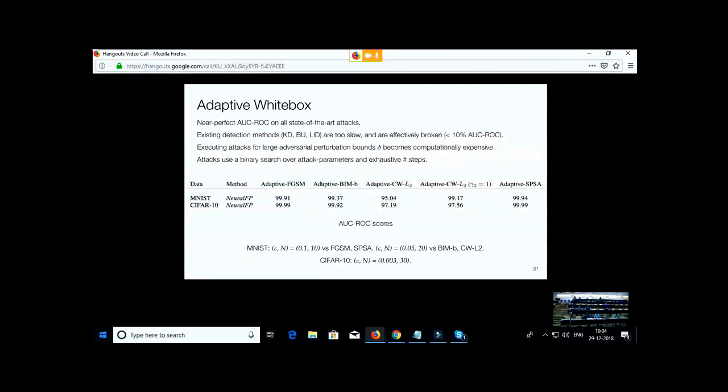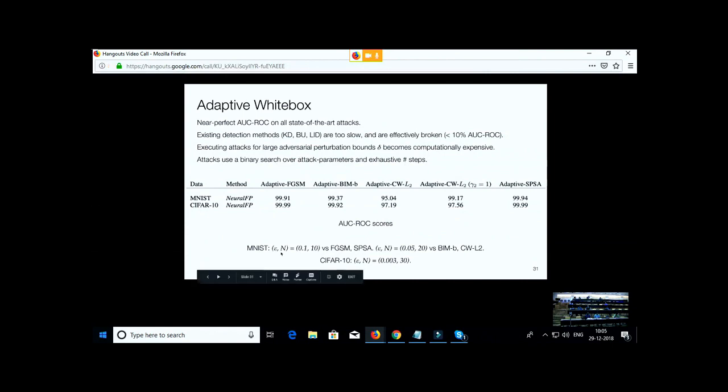So we ran these attacks for many, many iterations. We give a lot of computation time to let these attackers find the solutions to the optimization problem that I presented earlier. But still, at the end of the day, neural fingerprinting has almost perfect detection scores on these adaptive attacks as well.